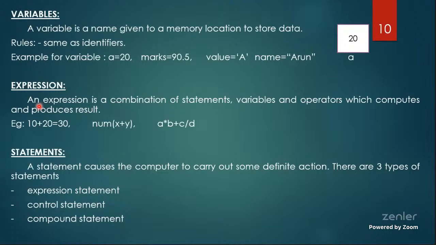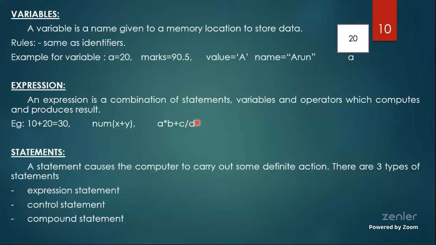Now the next one, expression. What is an expression? You might have used it in mathematics, right? An expression means something which contains operators and variables. For example, 10 plus 20, then A into B plus C by D. Under this you can see operators and operands.